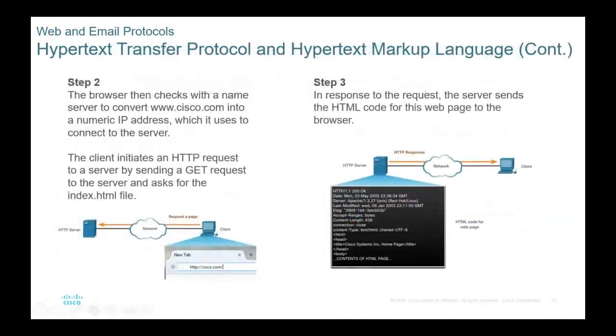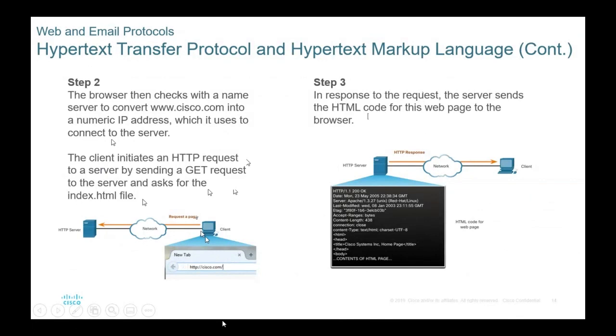Step 2, the browser checks with a name server, so DNS: what is the IP address for that? After it gets the IP address, the client initiates an HTTP GET request. So that's the GET command inside the HTTP request for this file to that server.